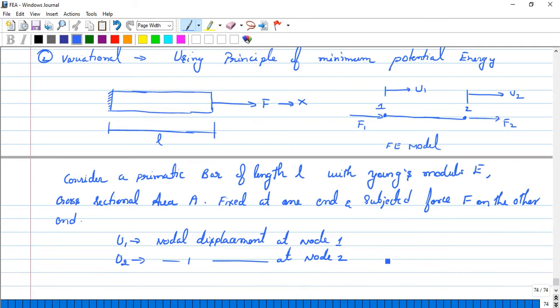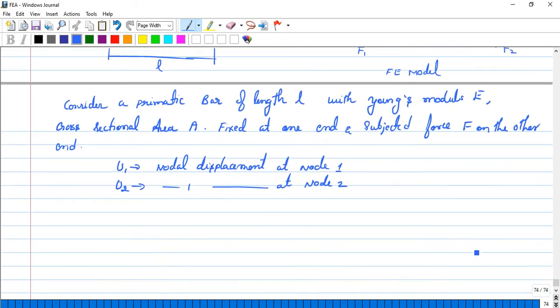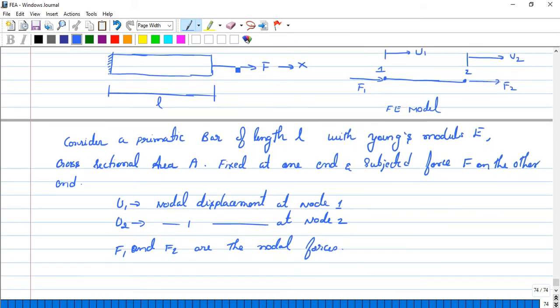Okay, and we also considered F1 and F2 are the nodal forces.